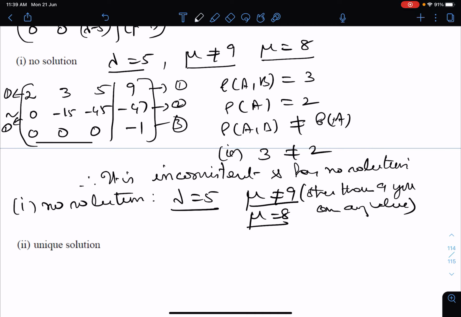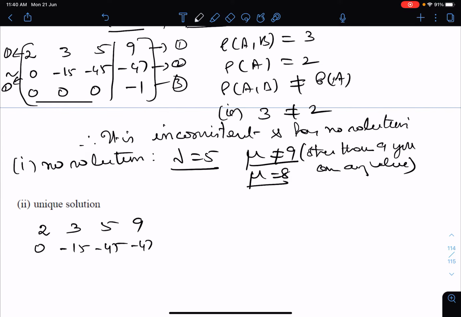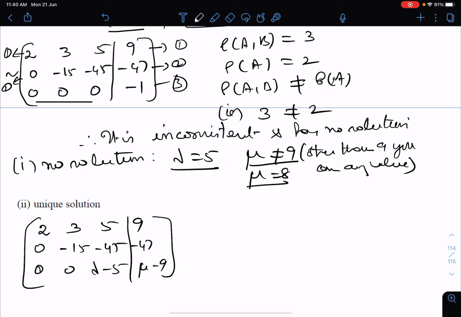First and second are the same, isn't it? 2, 3, 5, 9; 0, minus 15, minus 45, minus 47, they are all numbers; 0, 0, lambda minus 5 and mu minus 9 is going to be our Roman letter 1. Okay, so for unique solution, what you are going to do?